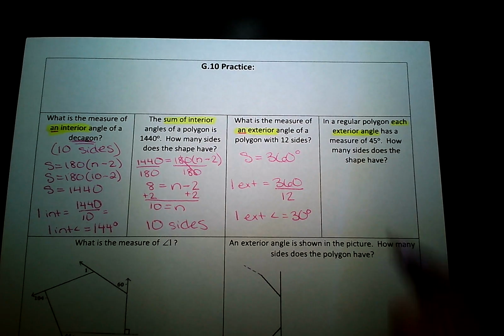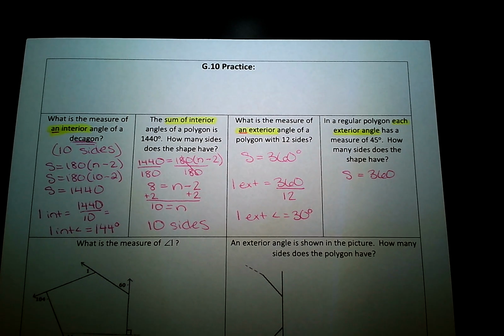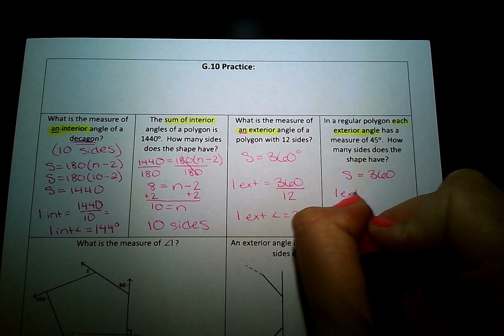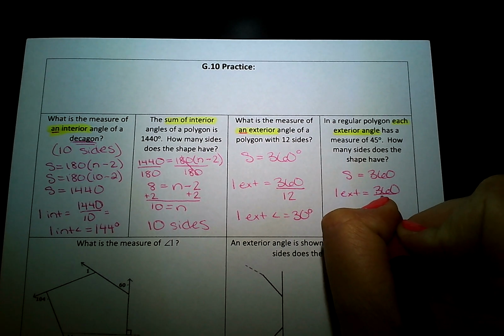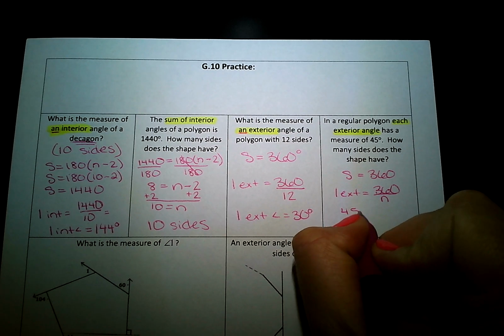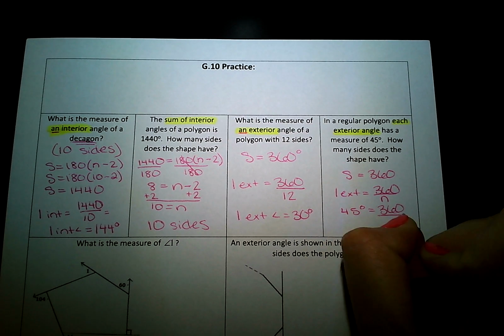Now we know that the sum of exterior angles is 360 degrees. So one exterior angle is going to equal that 360 degrees divided by the number of sides, or number of angles, n.